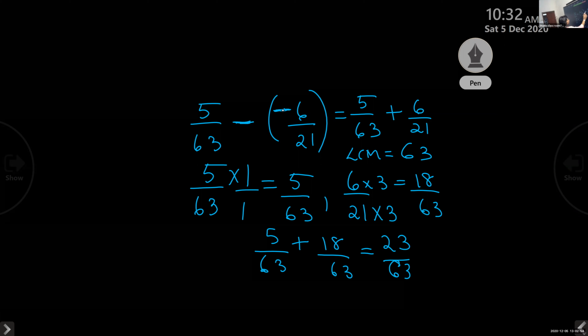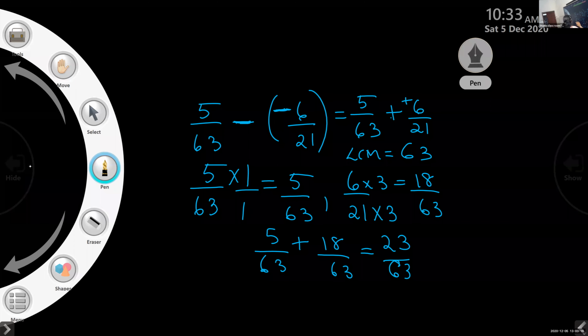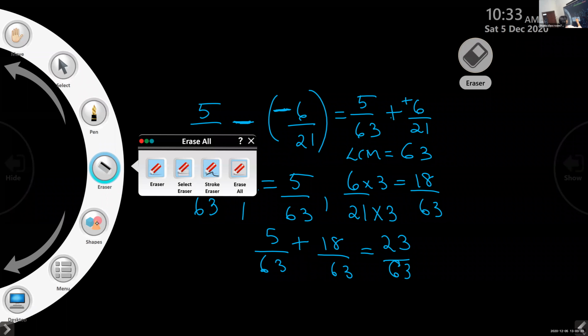Negative into negative is positive, isn't it? You can write here, negative into negative positive. Plus will come there. If both are minus, negative 6, that means it is plus 6. When two negatives come together, it is addition. Keep that in mind. Not minus, negative. That means it is plus.